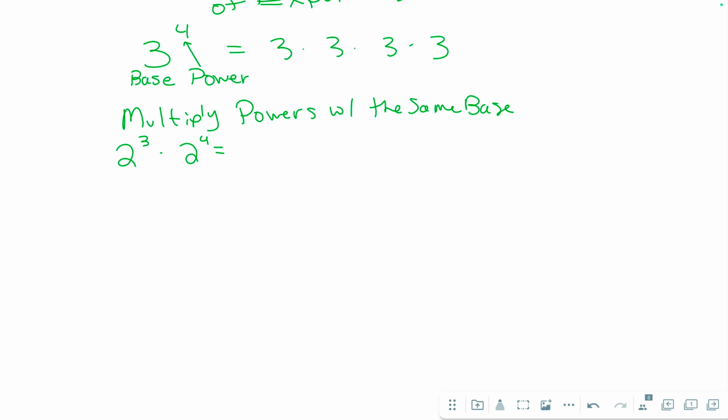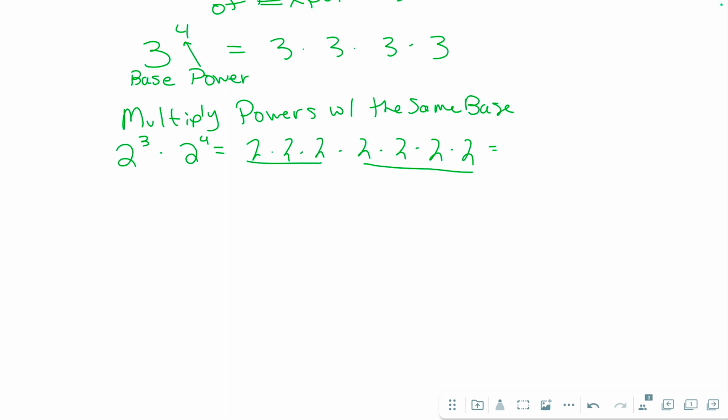How would I rewrite in an expanded way 2 to the 3rd times 2 to the 4th? 2 times 2 times 2 times 2 times 2 times 2 times 2. Good. Here is 2 to the 3rd. Here is 2 to the 4th. How would I then simplify this? Good. 2 to the 7th.